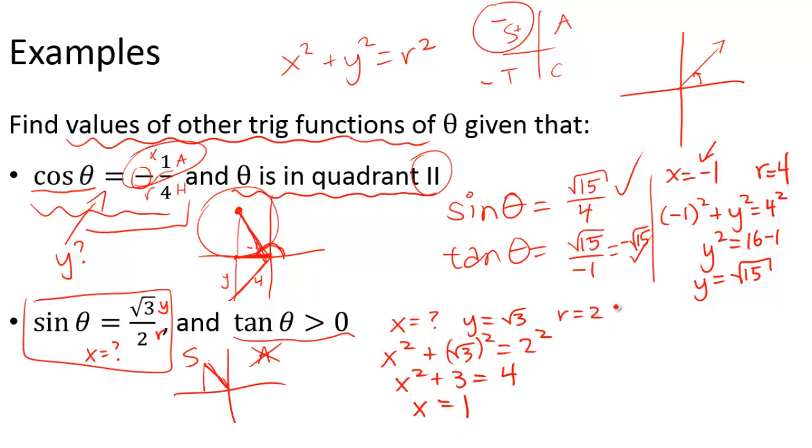So since we know that, we can now give the cosine ratio, which is x over r, and the tan ratio, which is your y over your x, which is √3/1. You could just write it as root 3.